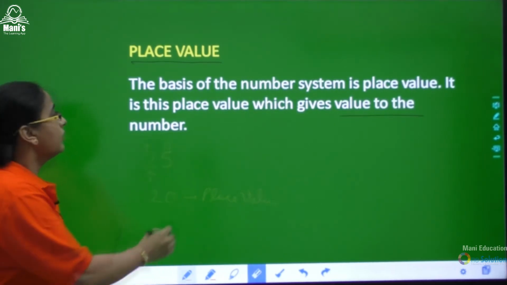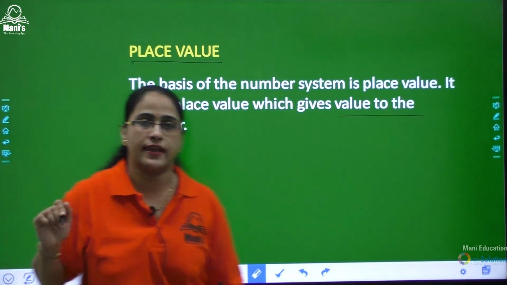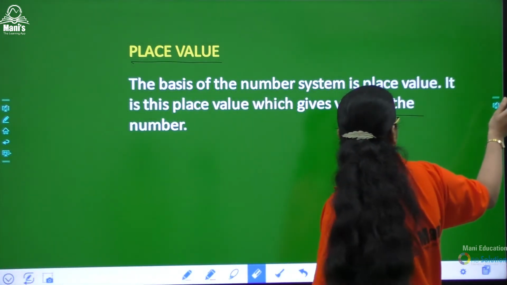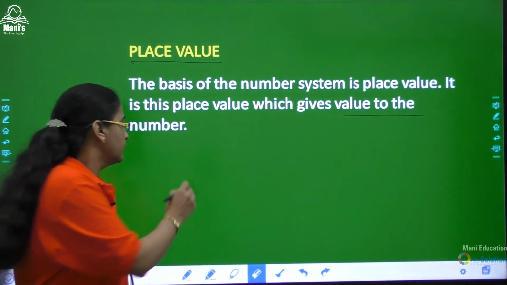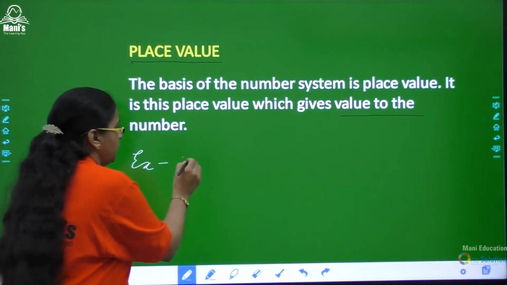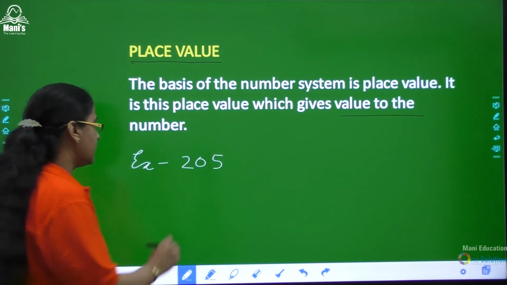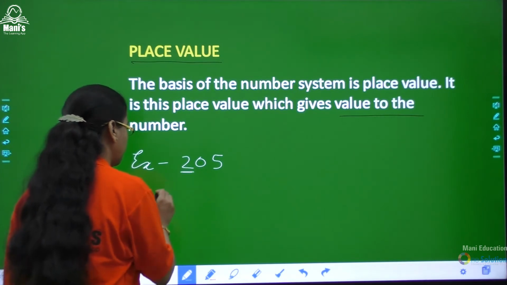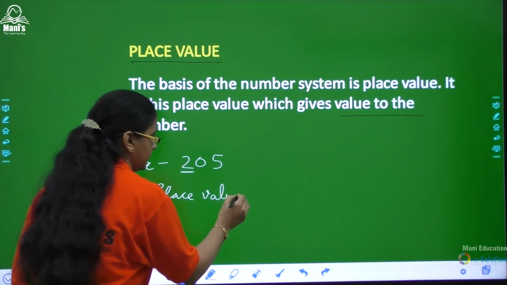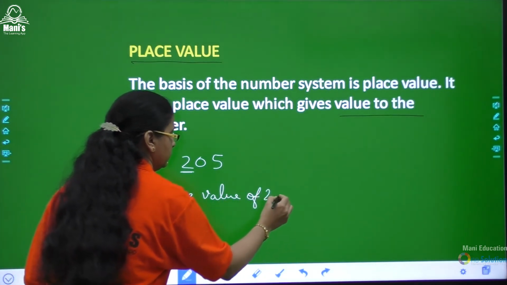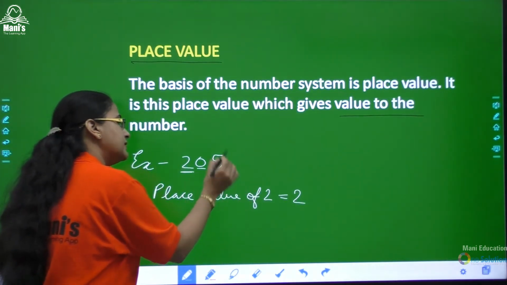Now, the place value is what? The place where its existence is, that is the place value. For example, I am writing the number 205. One more example. If I am talking about the place value of 2, the digit is 2, and after that, how many digits are there?